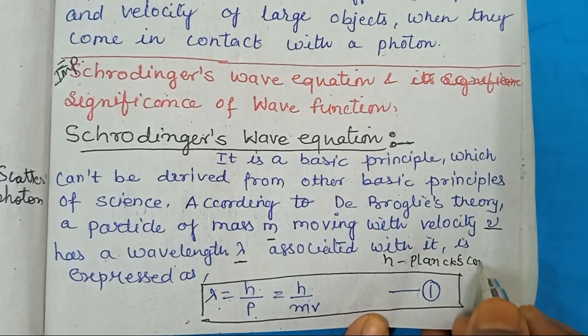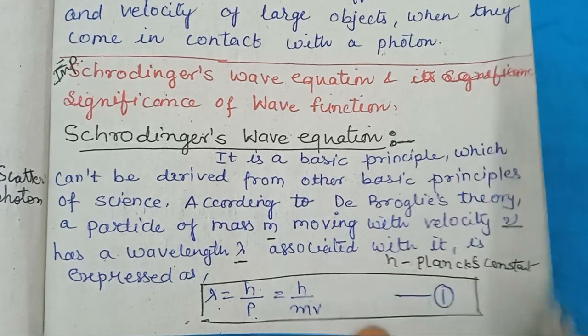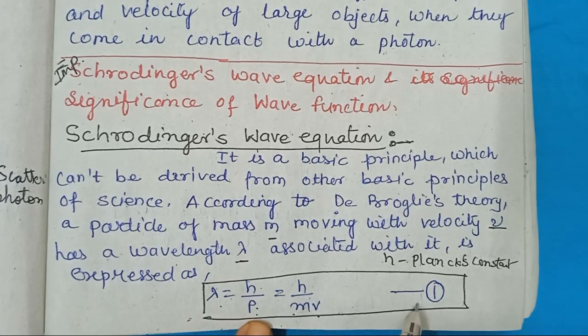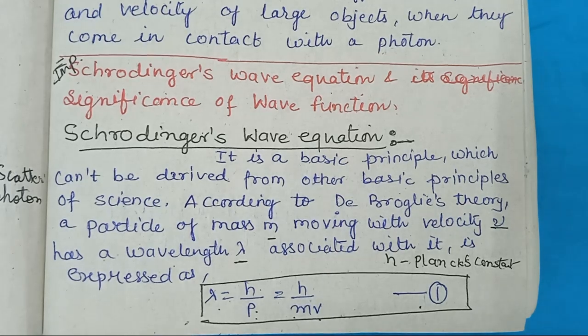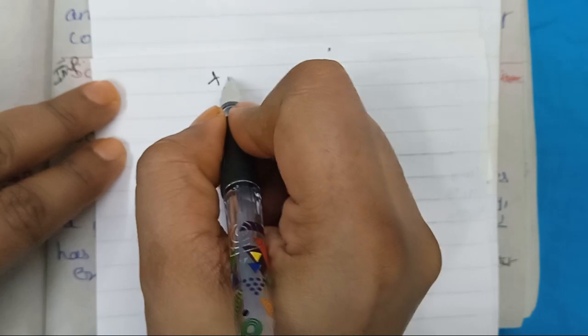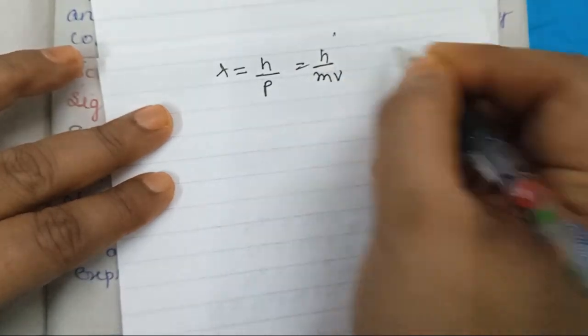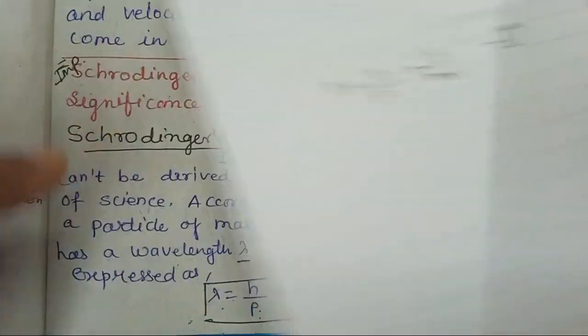Momentum equals mass into velocity. So our equation number 1 is lambda equal to h upon p, or h upon mv.